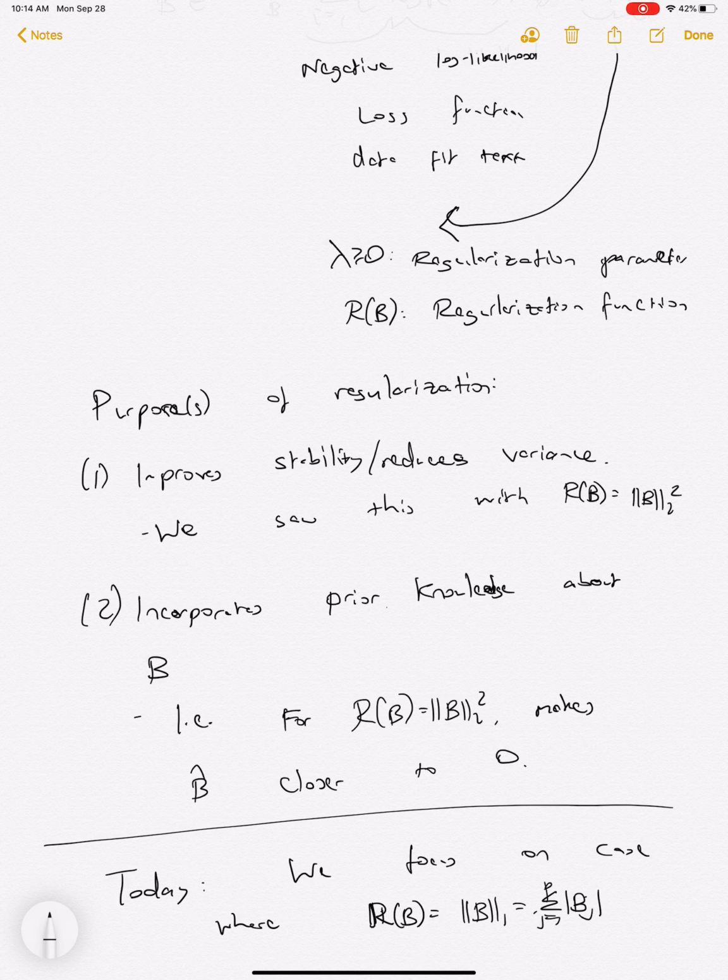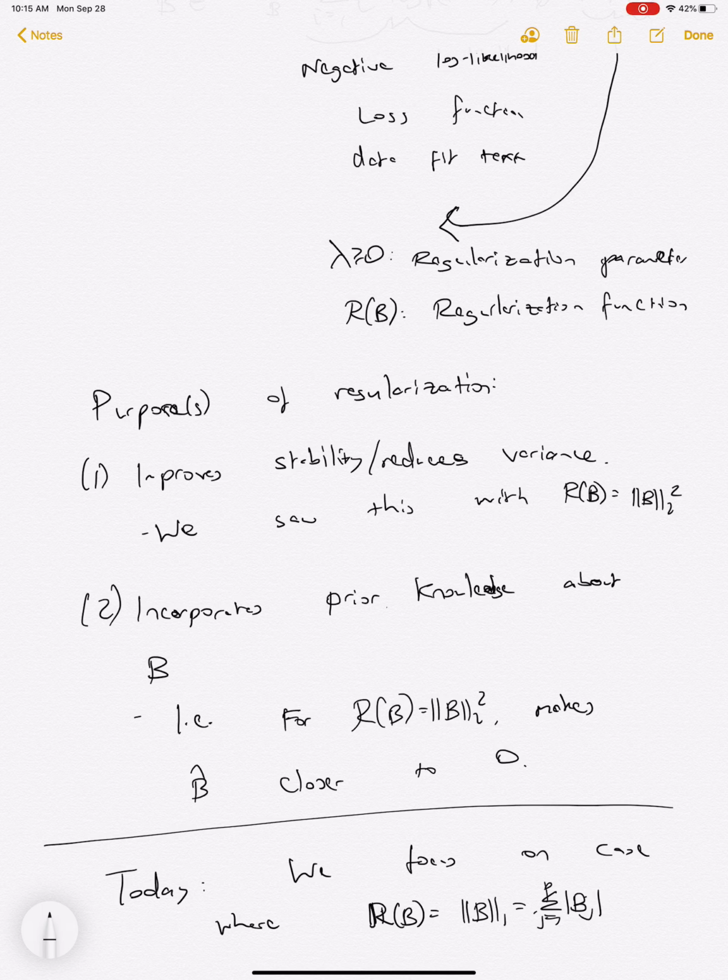We'll see that pretty much all solutions to regularization problems introduce bias because the regularization function biases your B in a particular way. You can say that's a bad thing because we're introducing bias.